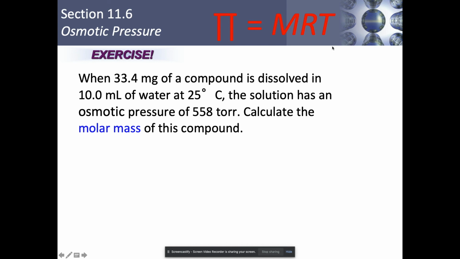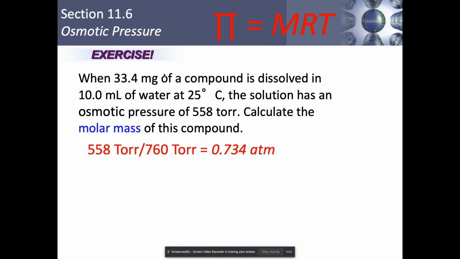Here's the last test, if you will, of how to use osmotic pressure. Let's say I have 33.4 milligrams of a compound dissolved in 10 milliliters of water at 25 degrees. The solution has an osmotic pressure of 558 torr. Let's figure out what the molar mass of this mysterious compound is.